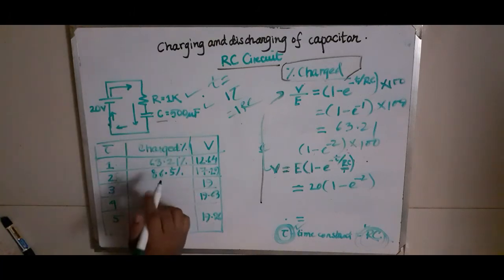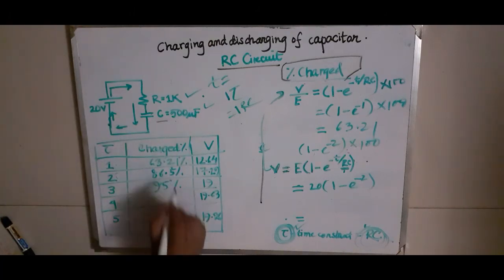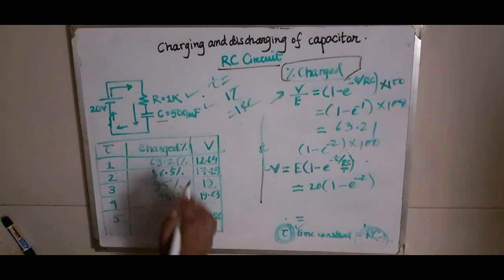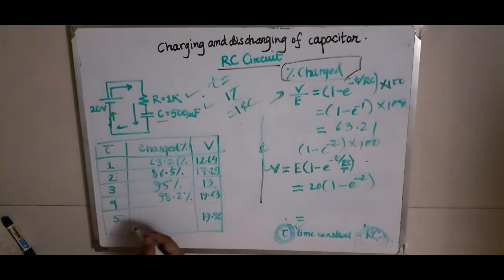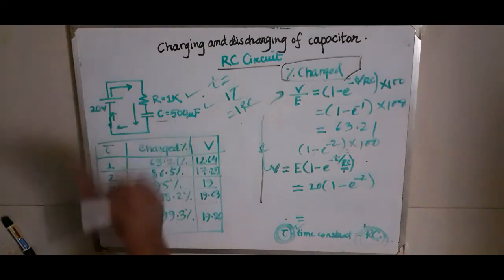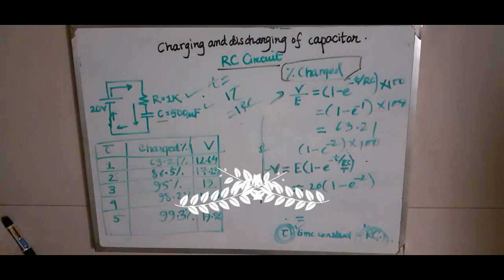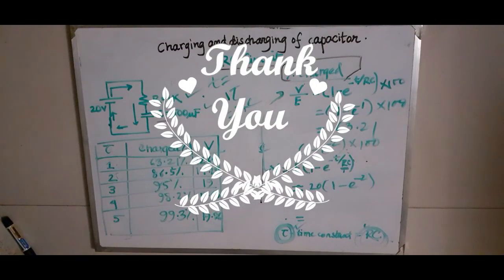After 3 time constant, 95% charged, after 4 time constant, 98.2% charged, and after 5 time constant, it's almost 99.3% charged. This is how it goes. You need to remember this. This is actually the charging characteristics of a capacitor.